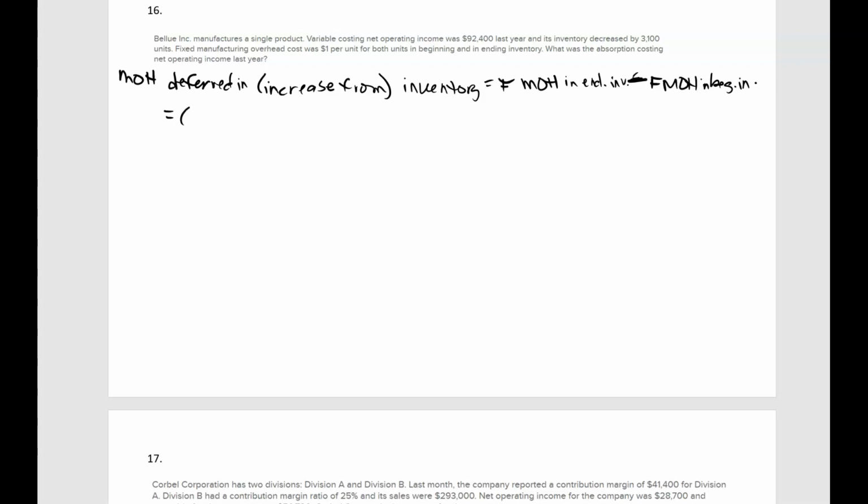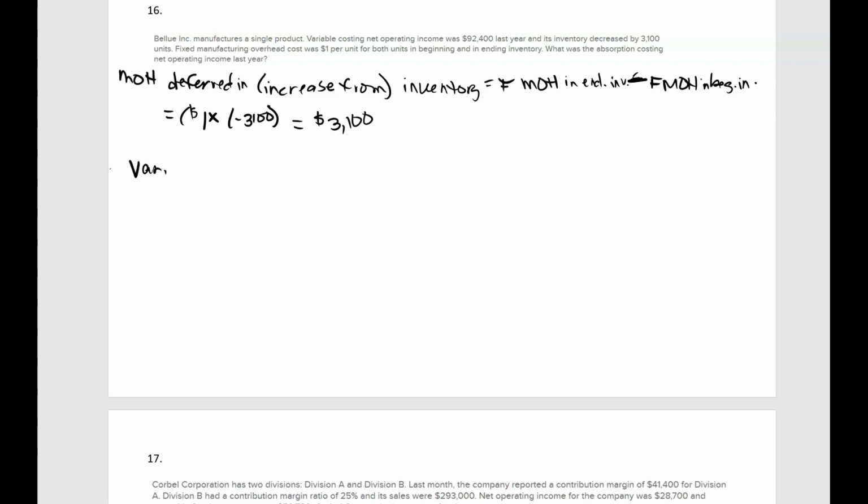So this is going to equal $1 per unit times the decrease of 3,100 units, and we get $3,100.